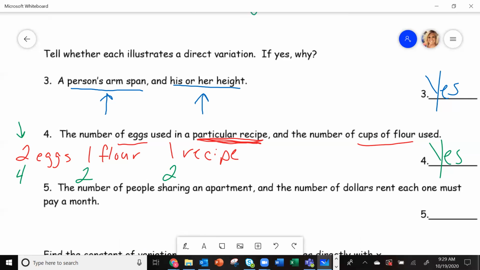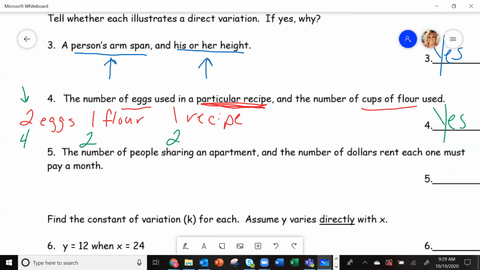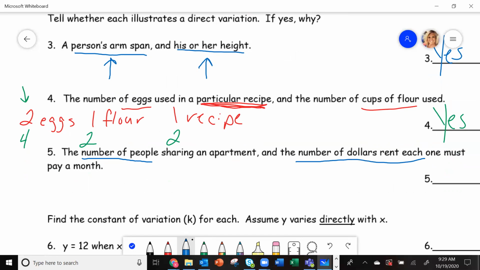Well, you're like, okay, well, duh, Crawford. So now what's an example of what isn't one? Well, let's look at this: the number of people sharing an apartment and how much you have to pay in rent. Say you have an apartment that costs $1,000 a month, and one person lives there. That person has to pay the $1,000, right?